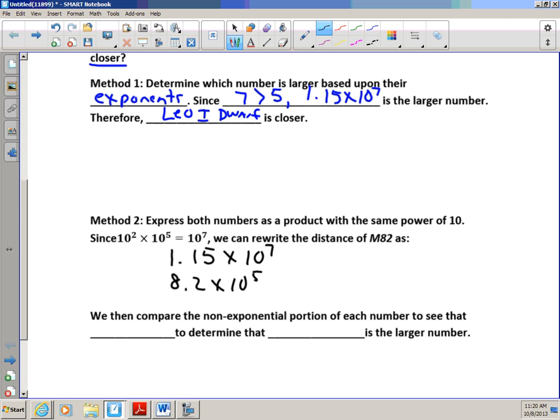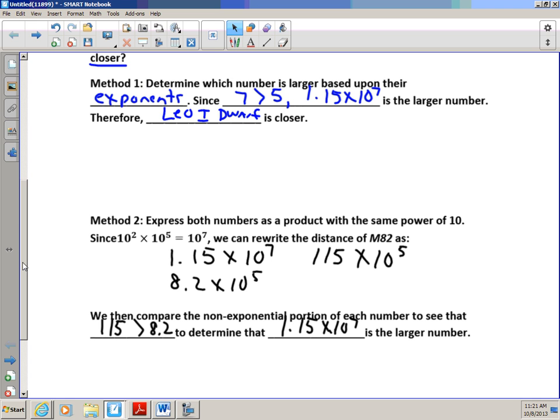One other strategy is to compare both of these numbers having the same exponent. So let's say I wanted to rewrite the first number with an exponent of 5. If I'm going to make that exponent smaller by 2, I have to make this decimal part larger by 2, so that would be its equivalent. So when we compare the non-exponential portion, we see that 115 is obviously greater than 8.2, and so we know that 1.15 times 10 to the 7th is the larger of the two numbers.